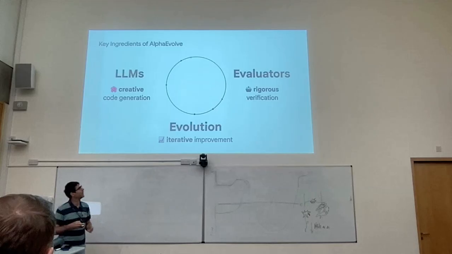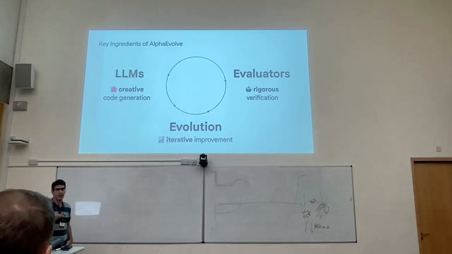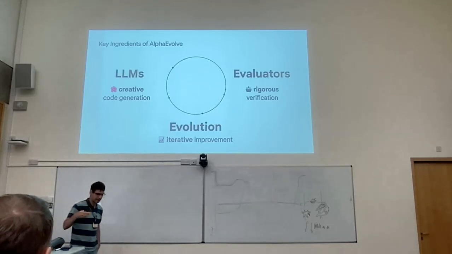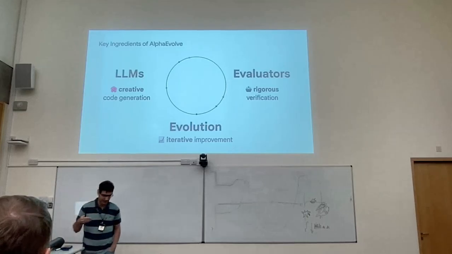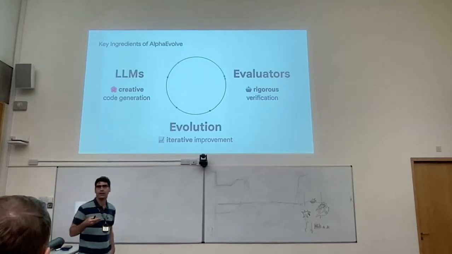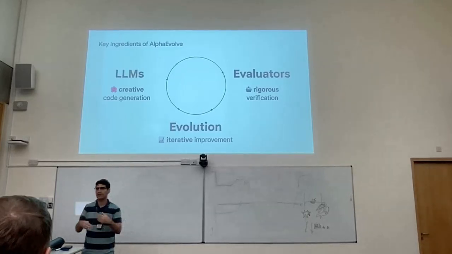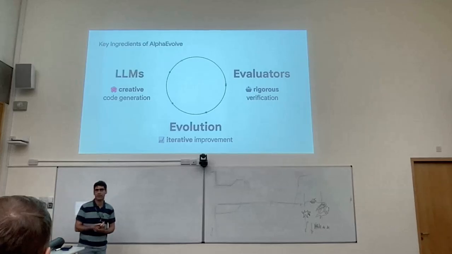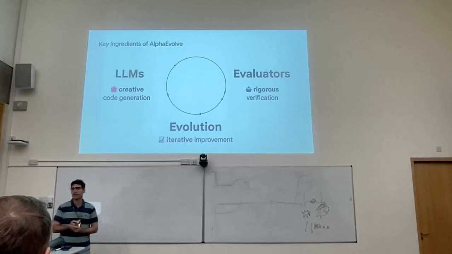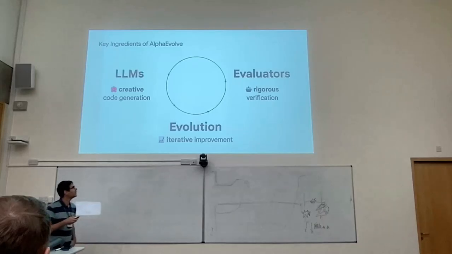And then, because we assign scores that tell us how good this code is, we can apply an evolutionary algorithm to keep iterating over the best previously proposed ideas. So these are the 3 main pieces of AlphaEvolve.